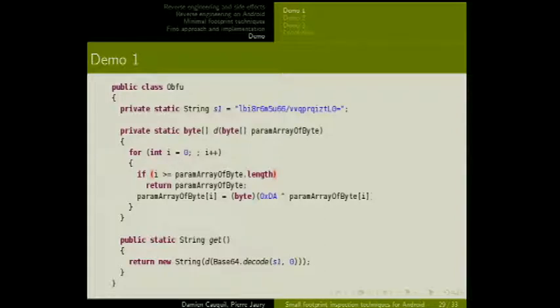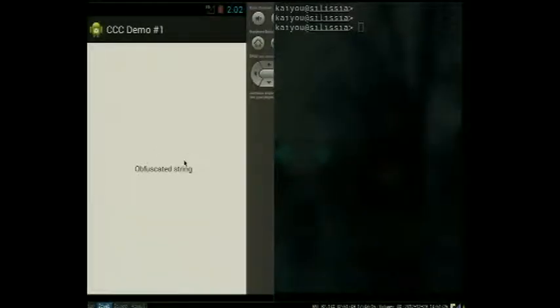It's a bit of easy obfuscation, because we are just using some exclusive OR encryption. But we are going to deobfuscate the string very easily using our tool. So this string displayed in the main activity is obviously an obfuscated one.